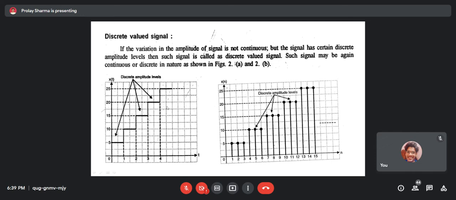So this type of signal is called a continuous time, discrete amplitude signal, because the time axis is continuous, but the amplitude is changing in a discrete manner. Though the signal is not discretized in time, the amplitude is changing in a discrete manner.